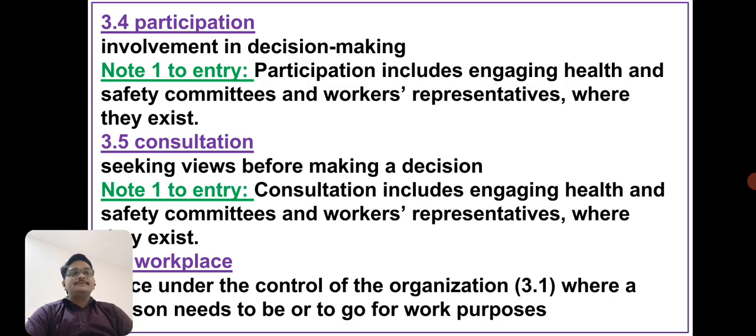Next is participation. Participation is involvement in decision making. The note is that participation includes engaging health and safety committees and worker representatives where they exist. And next is consultation. Consultation is seeking views before making a decision.